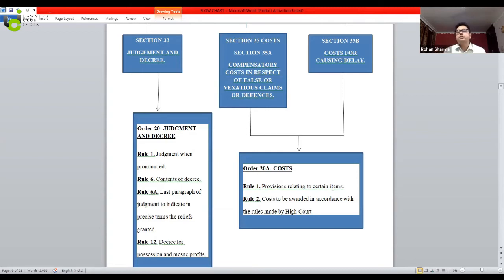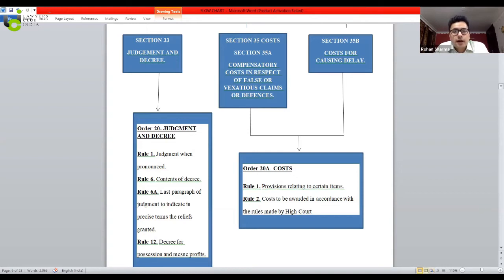So the court under section 35 also has the power to determine which party to this specific suit will be bearing the costs. In case the costs are to be borne by the specific requisite parties, an order is made to that regard. In case one specific party has to bear the entire cost, an order has to be made to that effect. Whatever it is, it has to be very clearly specified, and CPC makes it clear.